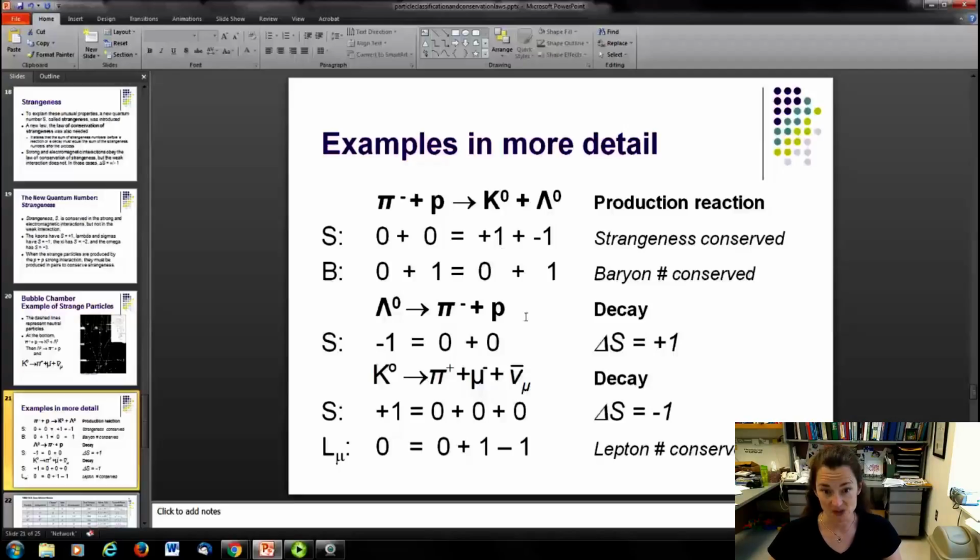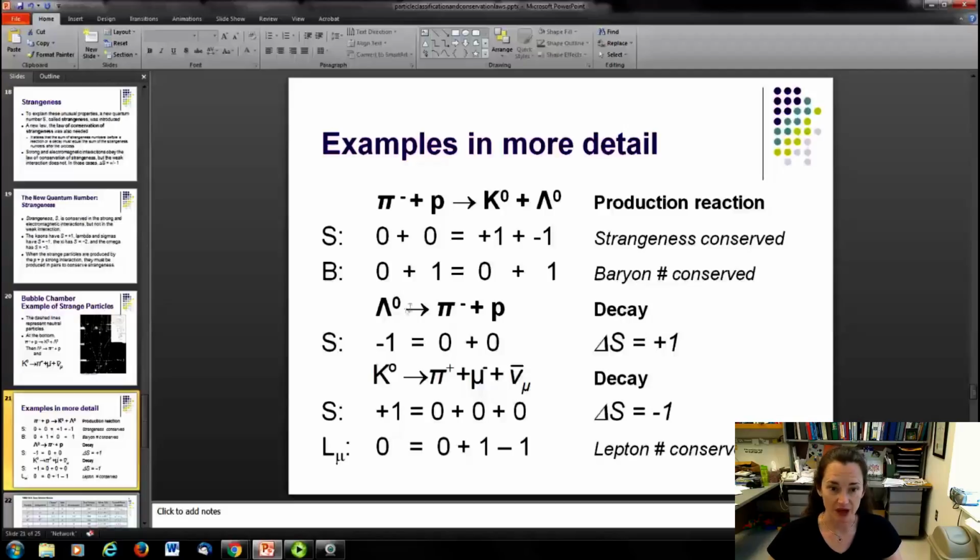All right, let's look at the next one. Here you have a lambda particle, and it's actually decaying into a pion and a proton. Now you can tell it's a decay because it's a decay when you only have one thing on the left-hand side. Now decays are the ones where you really have to look out for the weak interaction taking a role and the strangeness number changing by plus or minus 1.